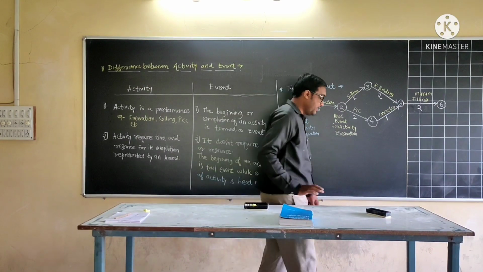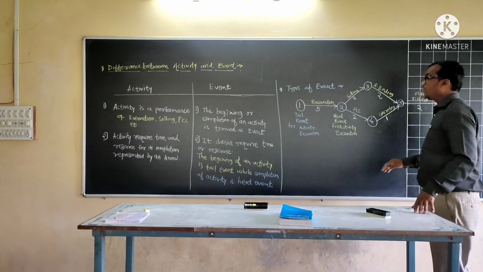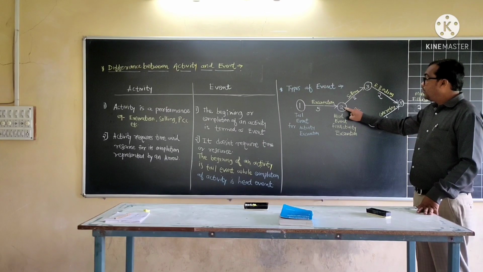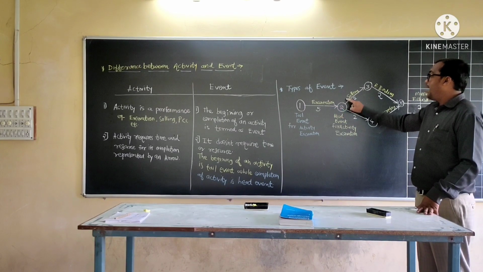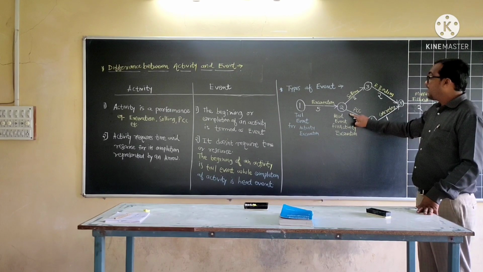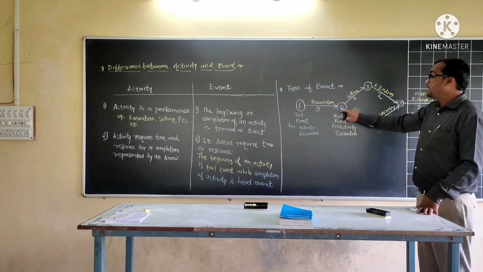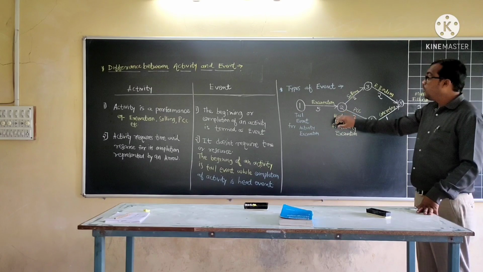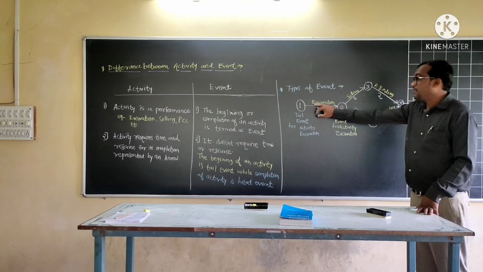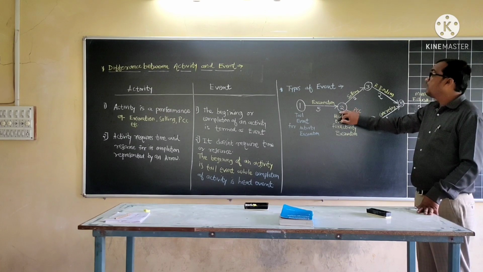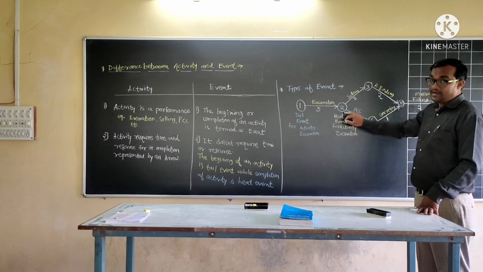Likewise, if you see event 2, at event 2 excavation is completed and soiling and PCC are started. So event 2 is the tail event for soiling and the tail event for PCC. Previously it was the head event for the activity excavation, because at this point excavation is completed. But at the same point, soiling and PCC started.